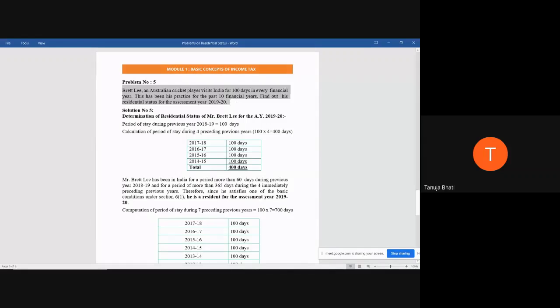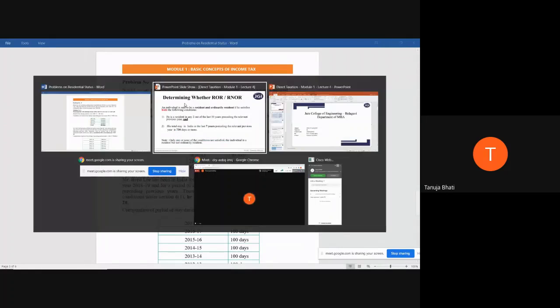Now, if the assessment year is 1920, what is going to be the previous year, students? 1819. Very good. So let us check the first basic condition. The first basic condition states that his stay in India during the relevant previous year should be 182 days or more.